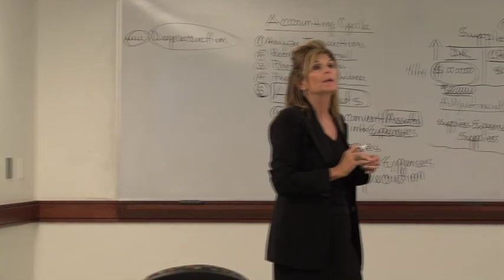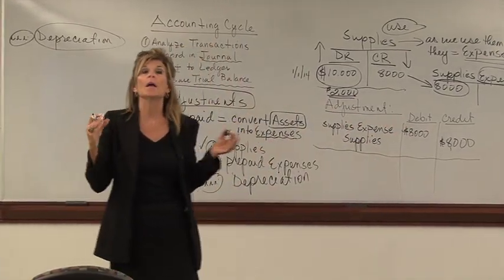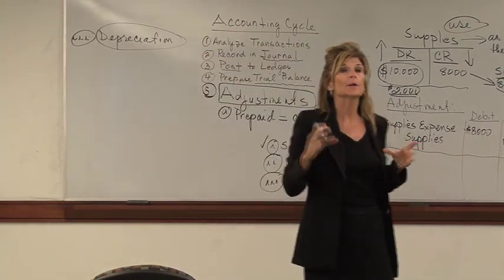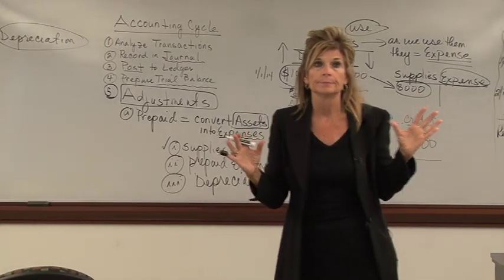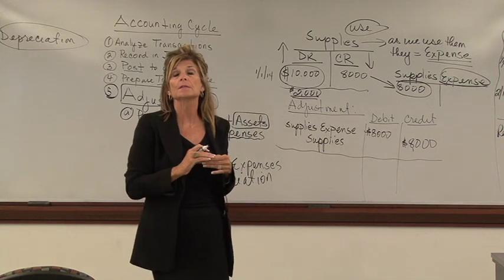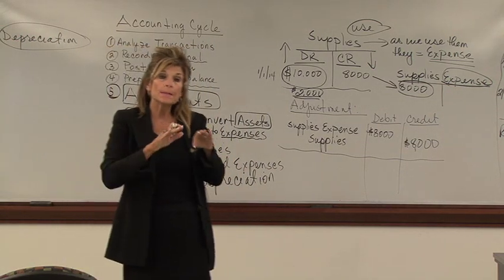So let's pretend we acquire a truck and we pay $25,000 for the truck. And the plan is we're going to use that truck for 5 years. And one of the most popular depreciation methods is called straight line depreciation. Simple.